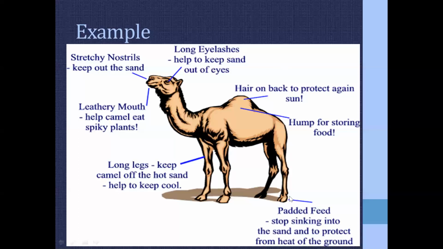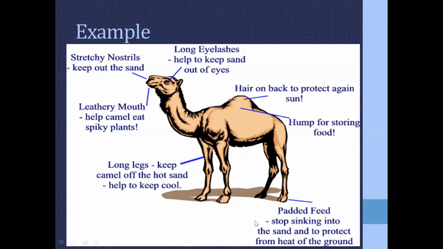Then these padded feet. You can see these padded feet that stop sinking into the sand and protect from the heat of the ground, because it has to walk on the sand all the time.